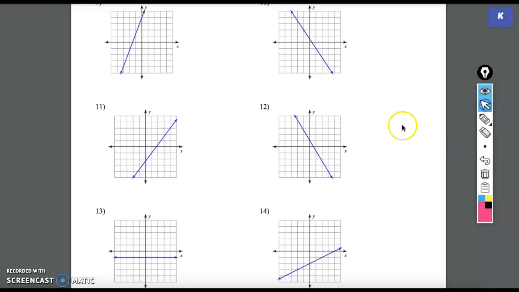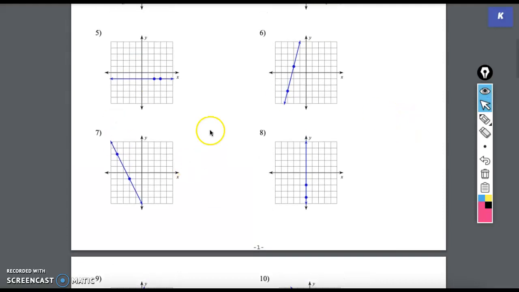And then the last thing I want to go over with the lines is, again, keep in mind if we have lines that look like these two. We know that a vertical and a horizontal line are different types of slopes. So again, from this point to this point, do I rise any? Well, I don't go up, I don't go down, so my rise is 0.